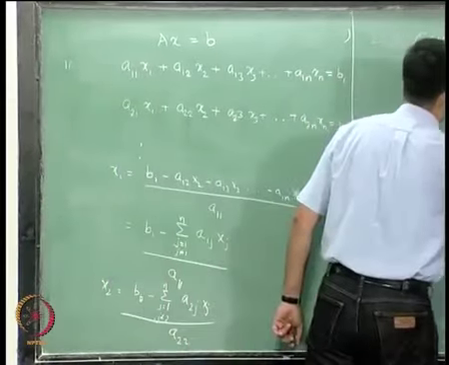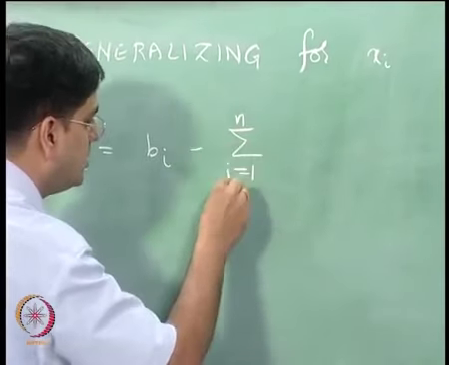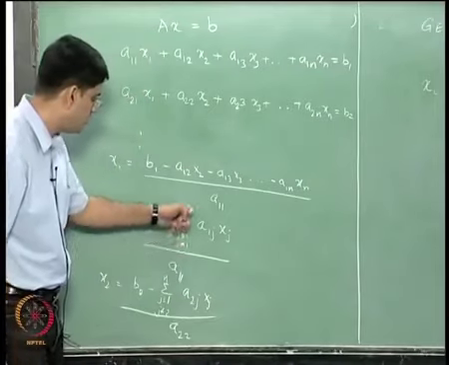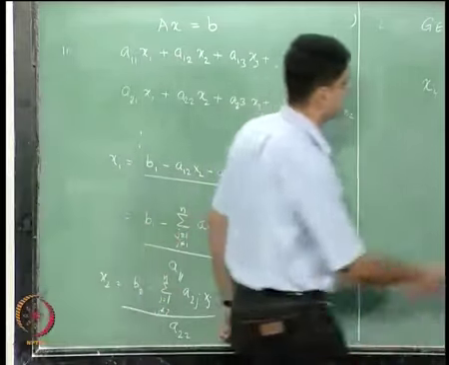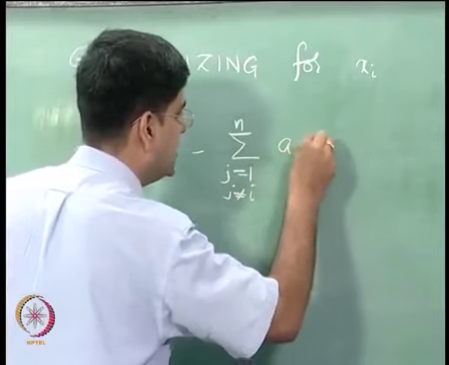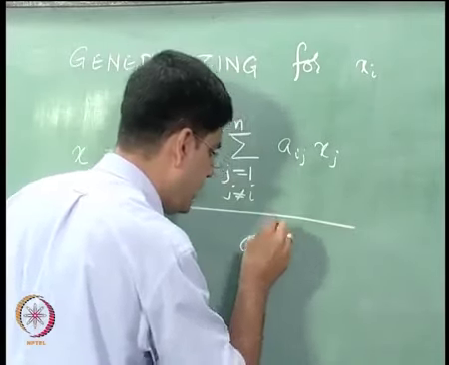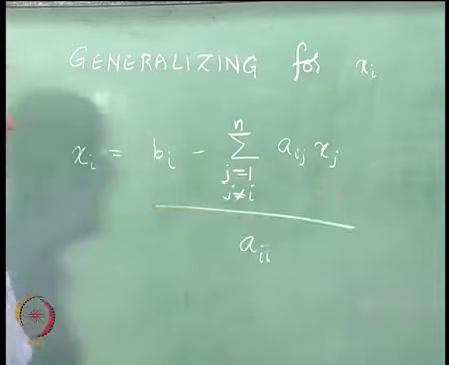So bi minus the summation from j equal to 1 to n, j not equal to i, of aij xj, divided by aii. This is just the diagonal term of the ith equation. This is the right hand side of the ith equation, and to the left hand side we have taken all the non diagonal terms in the ith equation.